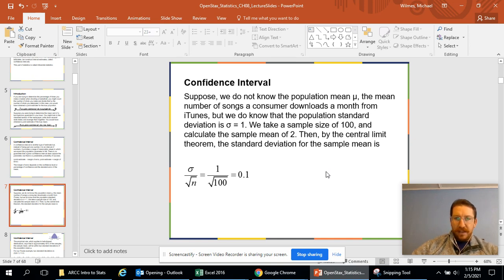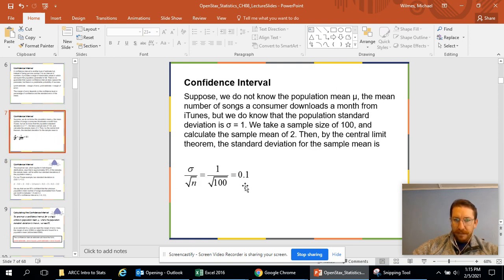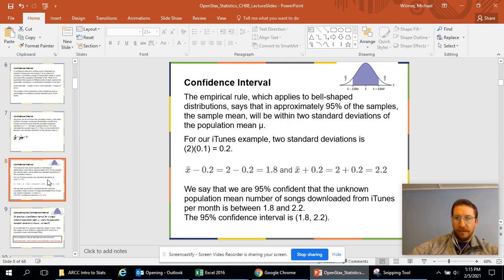So by using the central limit theorem, we could go ahead and make a normal distribution curve that looks like this one up here. And using what we worked on last time, this is a sample standard deviation. So we use the standard deviation of 1 divided by the square root of the number of pieces of data, 100, and we get 0.1 for our sample standard deviation.